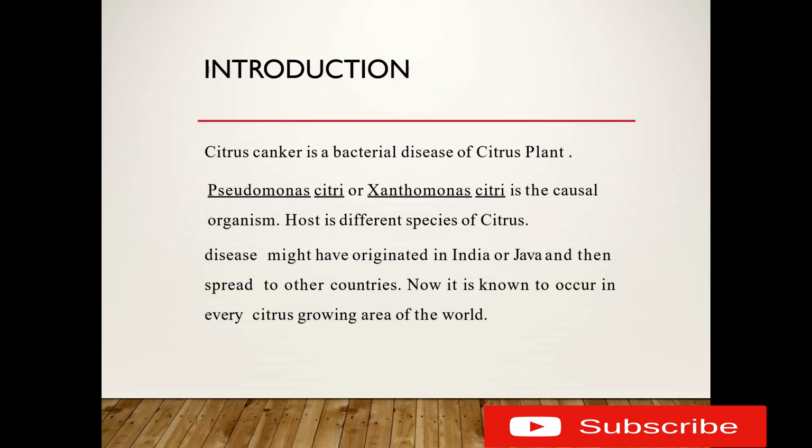This disease might have originated in India or Java and then spread to other countries. So now it is known to occur in every citrus growing area of the world, originating from India and spreading all over the world.